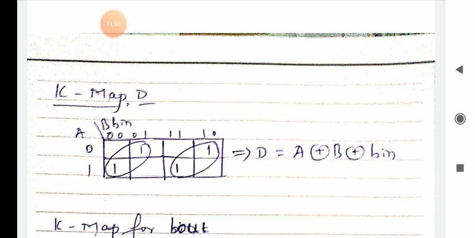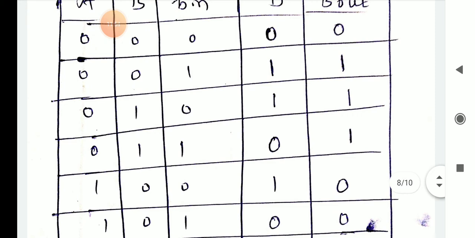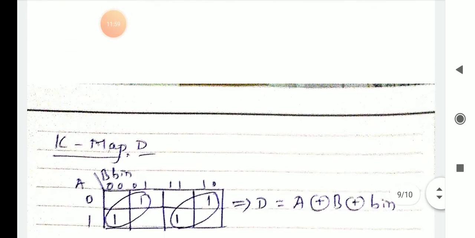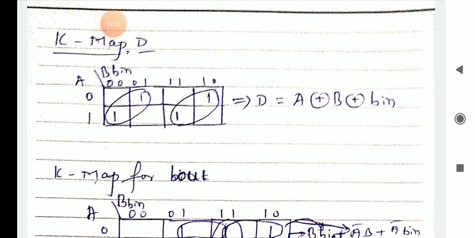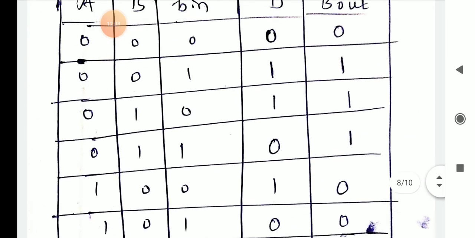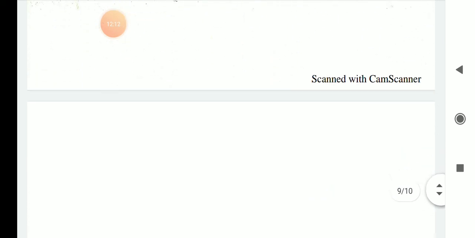Next combination 010, A is 0, B Bin is 1 0, so you place 1 there. One more combination, A is 1 and B Bin are 0 0.